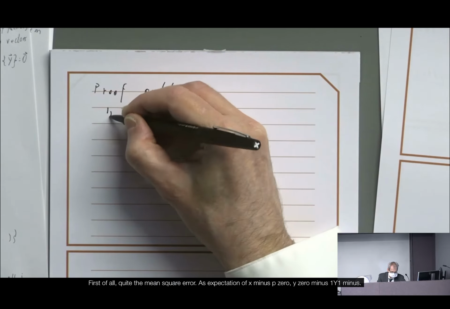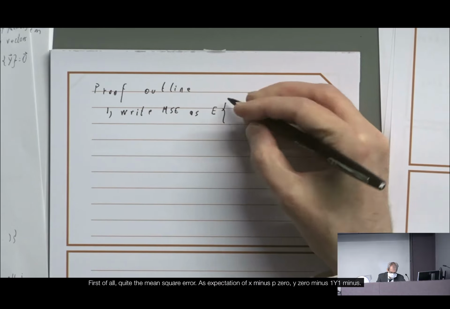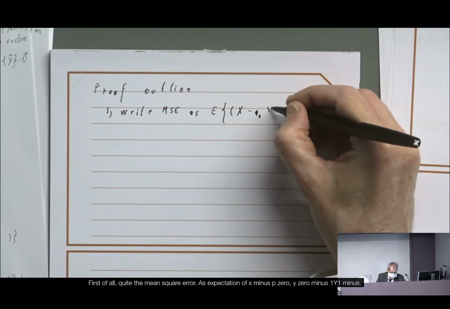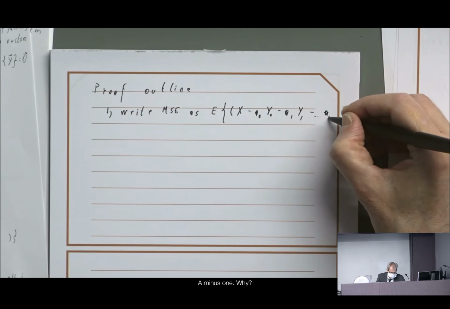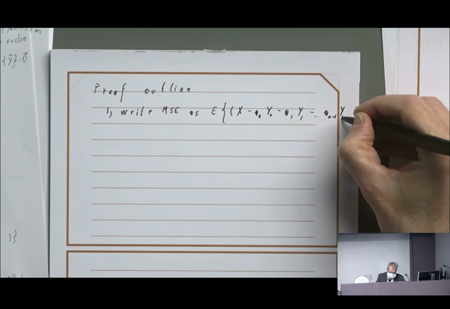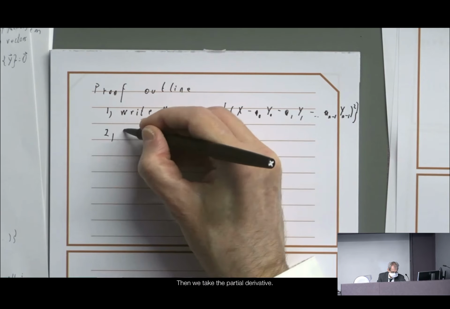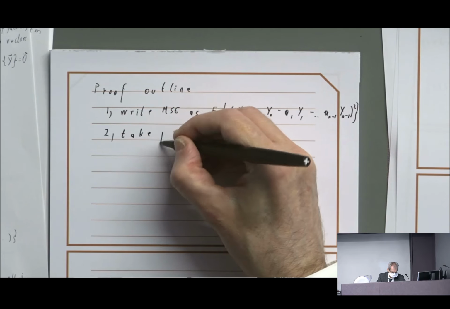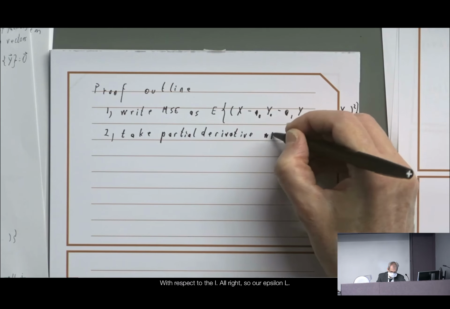First of all, we write the mean square error as the expectation of x minus a0 y0 minus a1 y1 minus ... minus a(n-1) y(n-1), squared. Then we take the partial derivative with respect to the ai.